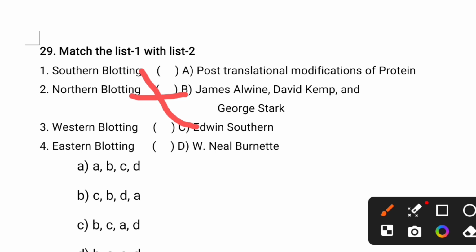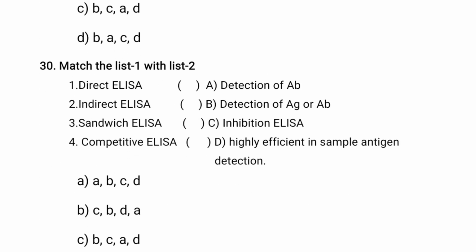Next one is Western blotting. Western blotting was given by the scientist Neil Burnette. Okay, let's see the next one. Eastern blotting is used to detect the post-translational modifications of a protein. So for this, the correct answer is CBDA. Okay, so let's see the next question.